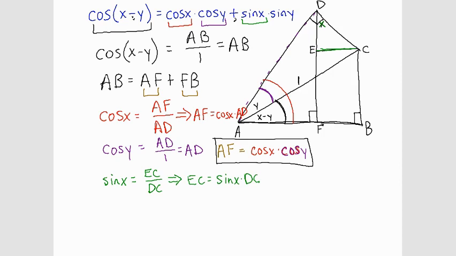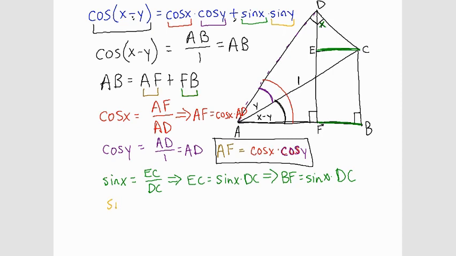But notice we don't need EC, we need FB. Well, EC and FB are opposite sides of a rectangle, so that means they're equal. So furthermore, we can say BF or FB, apologize for the inconsistency, is equal to sine x times DC, which means we just now need to get DC, which should be sine y.